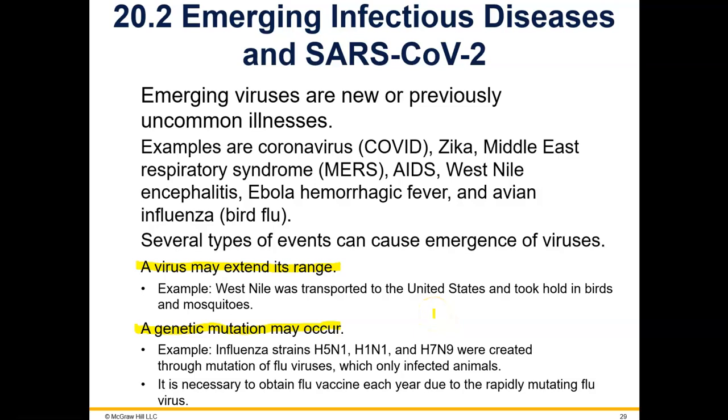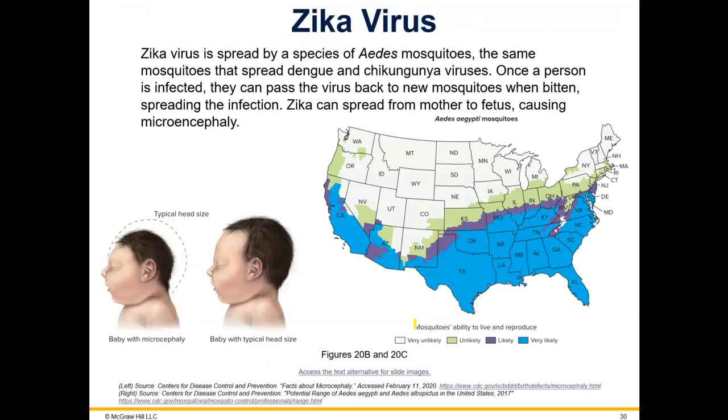Some have higher mutation rates than others, like the cold virus, the influenza virus. These have high mutation rates. So the virus can extend its range, or a genetic mutation may occur.